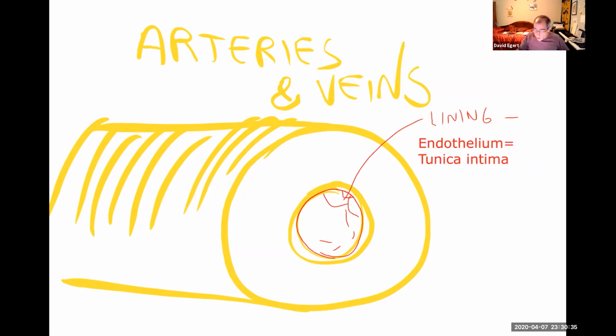The main wall is the tunica media. That's kind of the main wall. And that is going to basically be smooth muscle and elastic tissue.